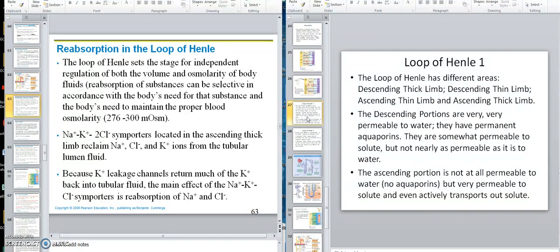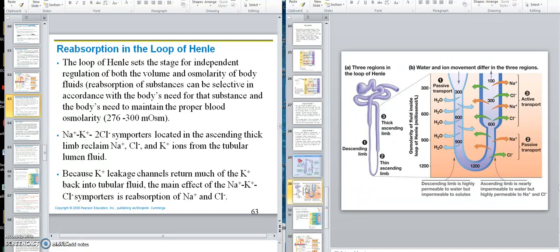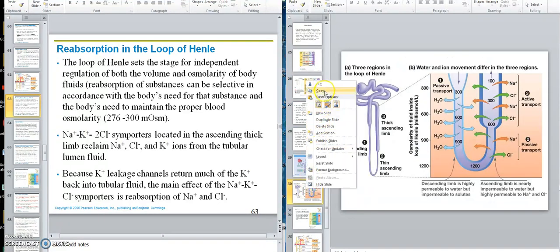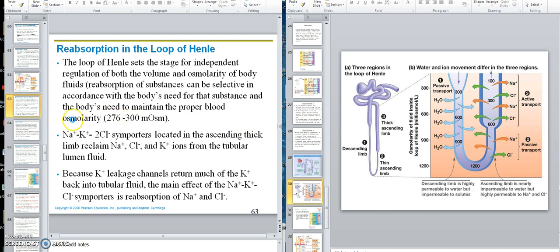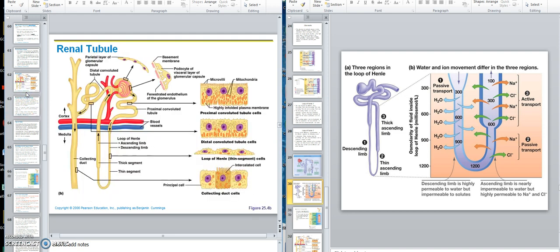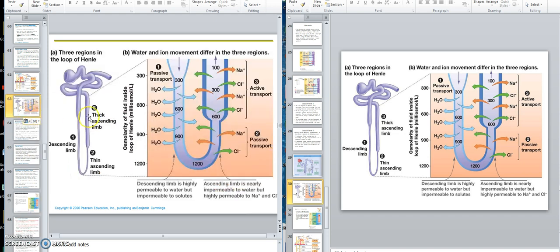I'm going to say the loop of Henle has different areas as we named. And what I'm going to do is take this slide here, copy it, and put it over here as I read that to you, so you can see the picture briefly.